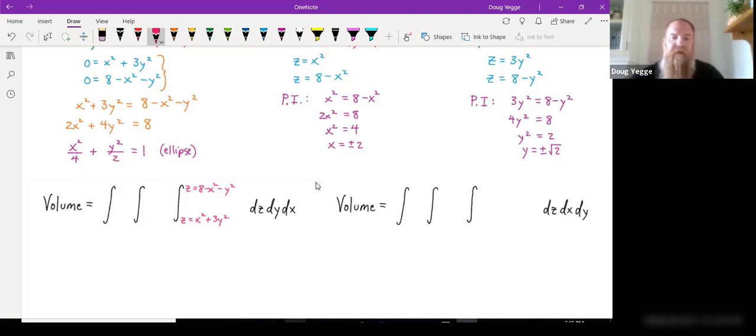So you can see that the limit of z is in terms of both y and x. And likewise over here, z is equal to x squared plus 3y squared, all the way up to the top surface, which is z equals 8 minus x squared minus y squared.